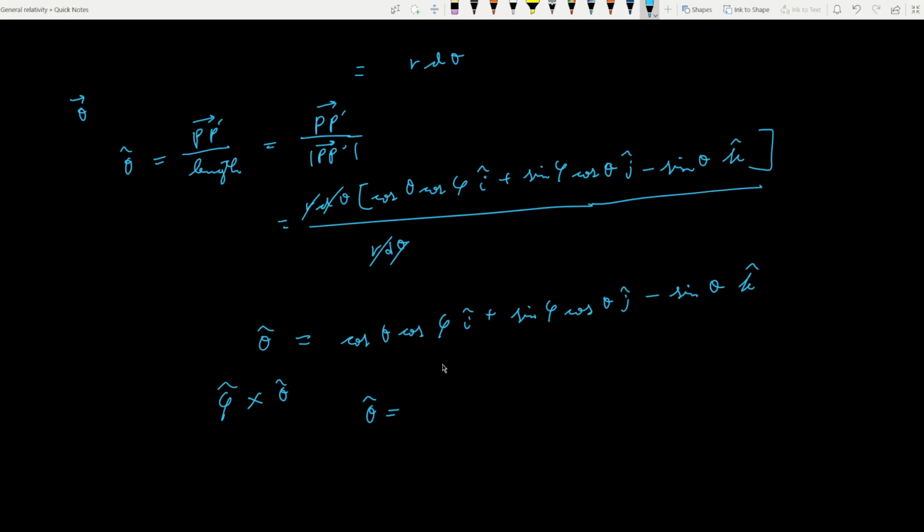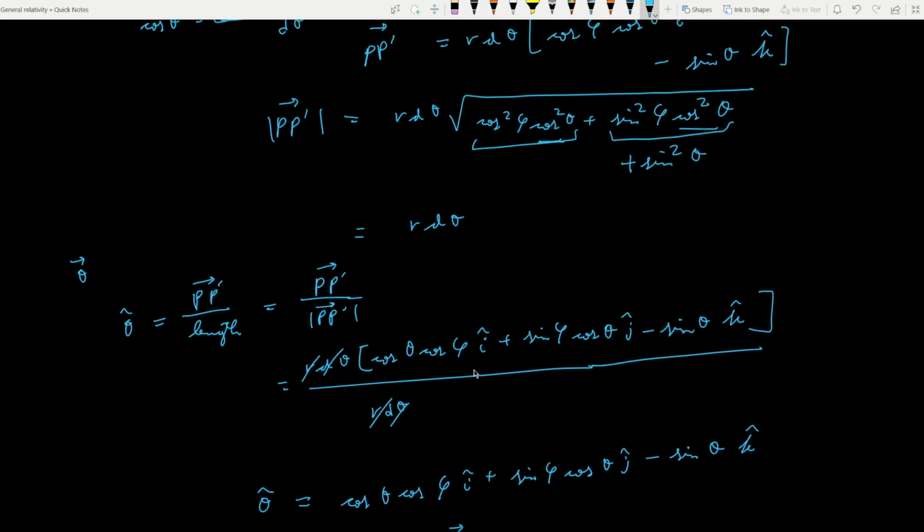We're saying that this is basically ∂r/∂θ divided by its modulus |∂r/∂θ|. How can we say that?